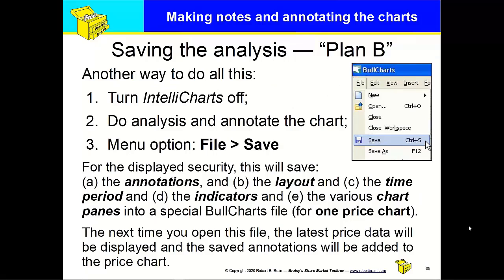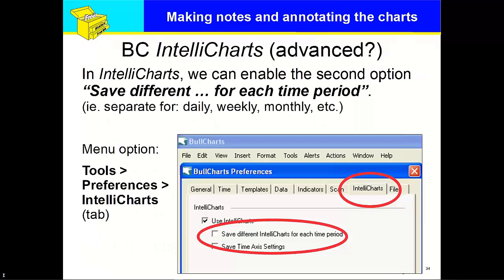Okay, so if IntelliCharts is not really coping with all of the information you're putting up on the chart for that stock, don't forget that the IntelliCharts information gets saved by each stock. Then, if it doesn't cope with it very well, you can turn it off. And on that previous slide, we did see where to turn it off.